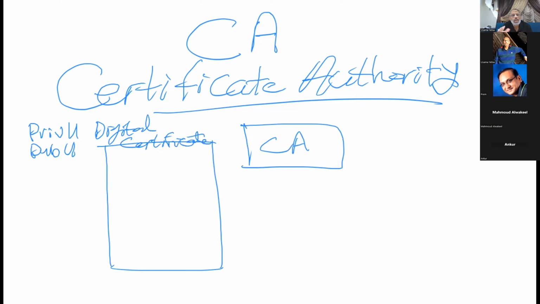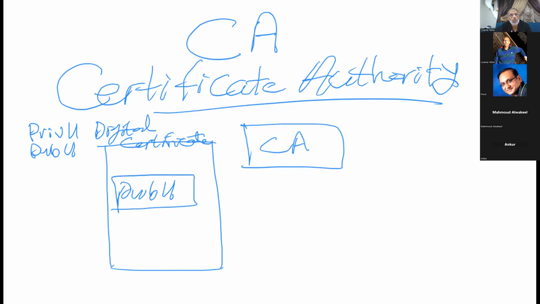Gentlemen, digital certificate, very easy. It is my public key, of Osama, which usually I want to give to someone else when I want to share encrypted data with him. But this certificate will be signed by the CA. It is proof that this certificate is really for Osama.